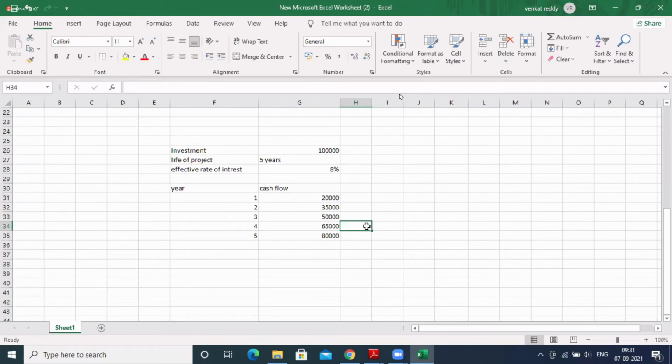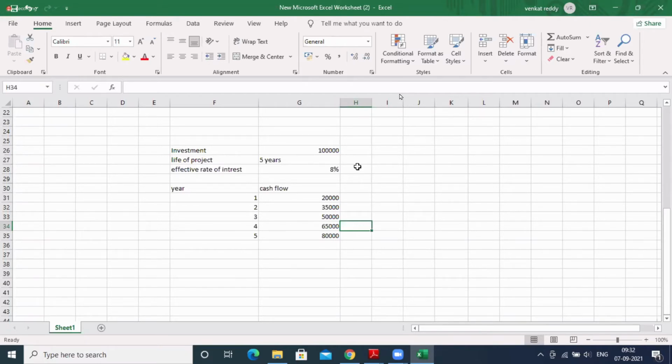Now these are future values because we are not receiving all these cash flows immediately. If I invested in 2020, I'm not receiving these cash flows in 2020. It is spread over a period of 5 years. After 1 year 20, after 2 years 35, after 3 years 50, after 4 years 65, and after 5 years 80. So there is a time difference in the cash inflows and the cash outflows.